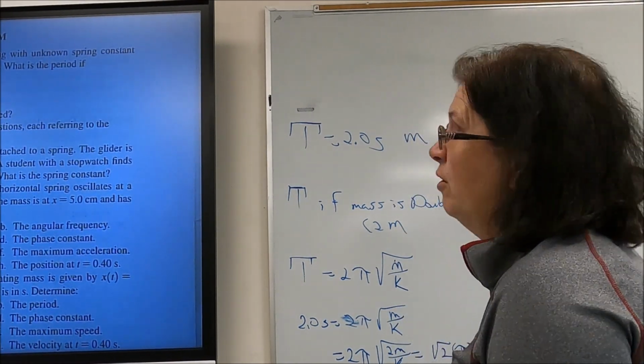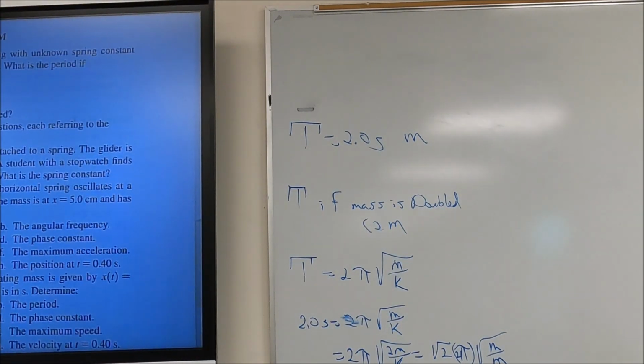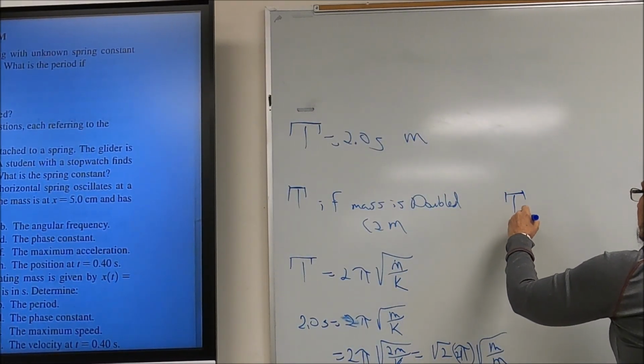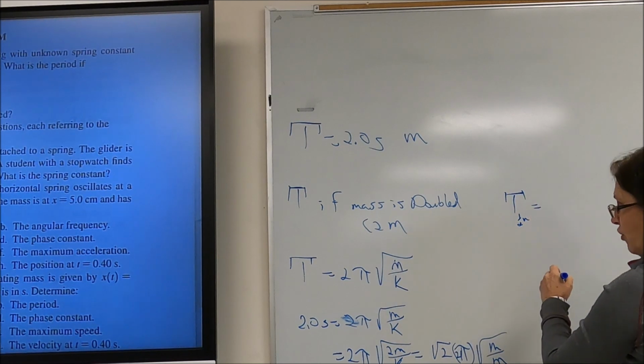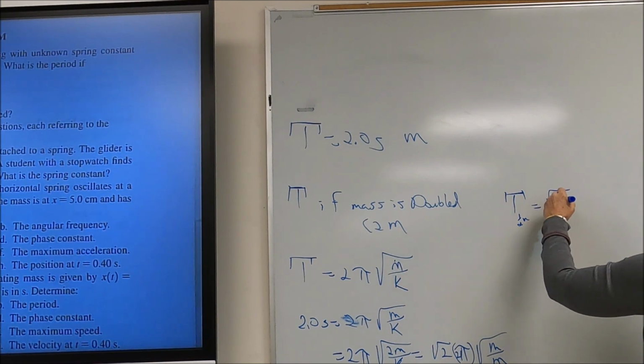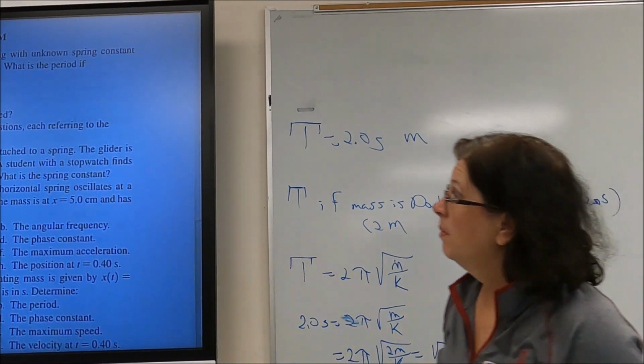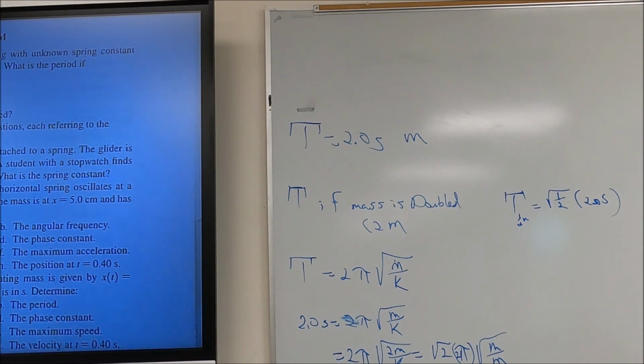Now, it says, what if the mass is halved? Well, guys, we go through the same process. If we cut it in half, T with 1/2 m is just going to be the square root of 1/2 times 2 seconds. And then it asks us if the amplitude is doubled.